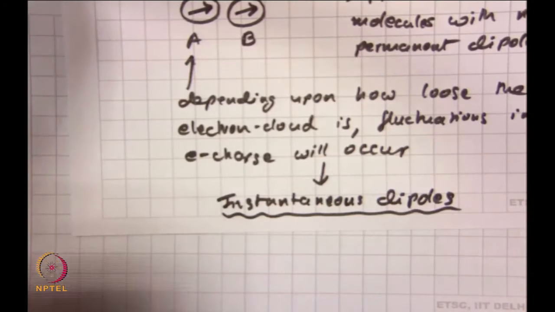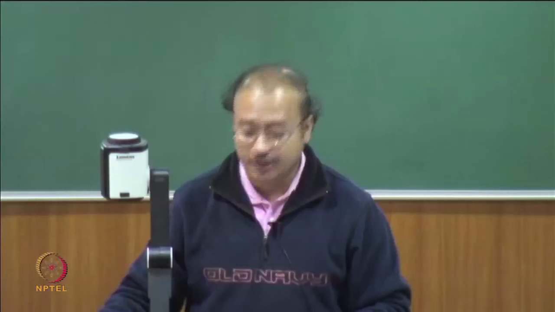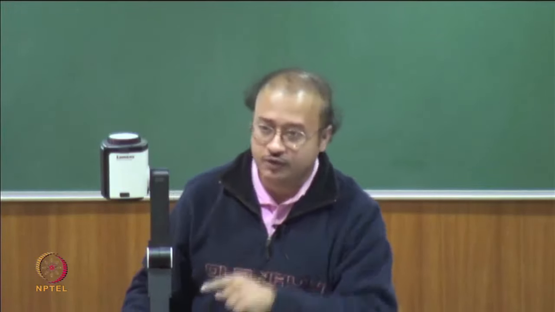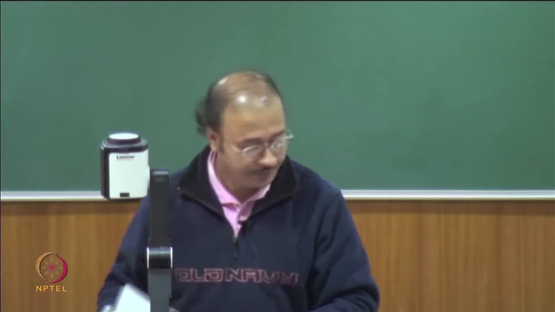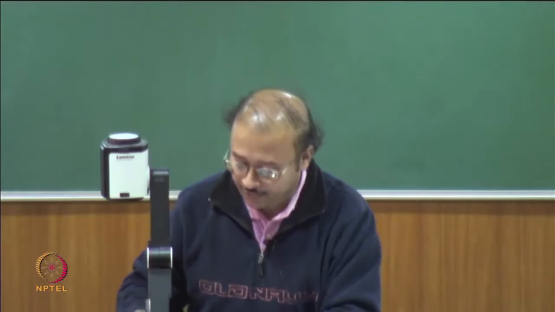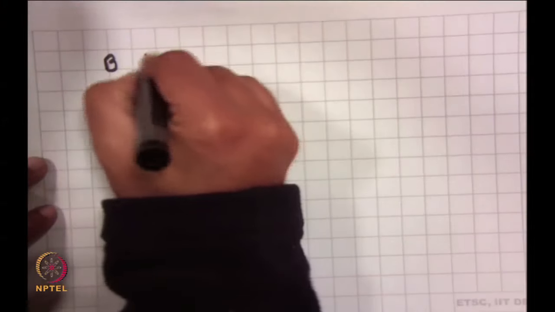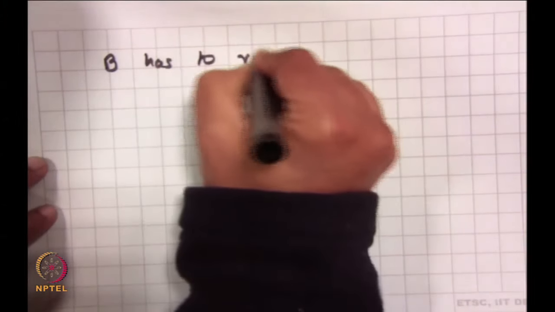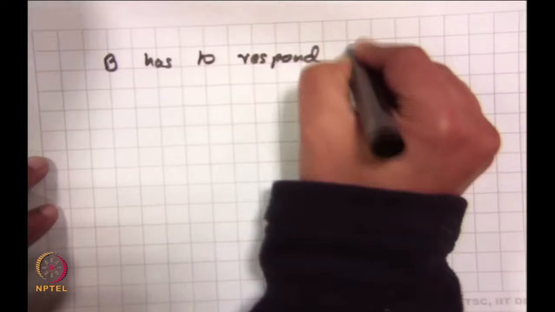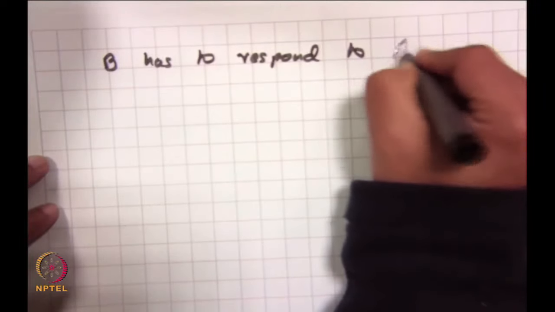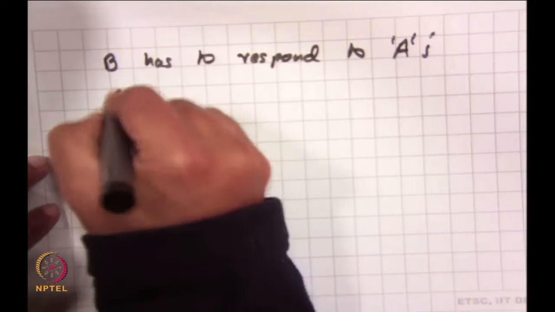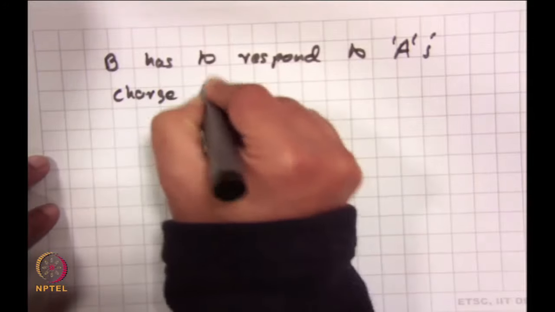So, that is for only one molecule, A. Now, to have the dispersion force, the other molecule will also have to respond to this. So, to keep this dispersion force alive, B has to respond to molecule A's charge fluctuation.